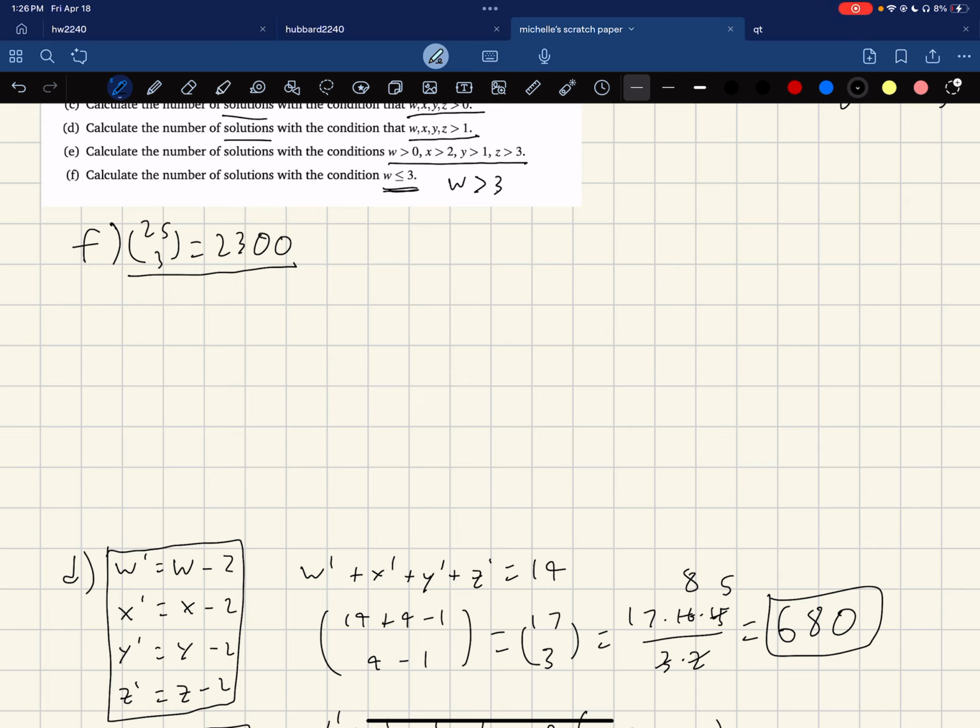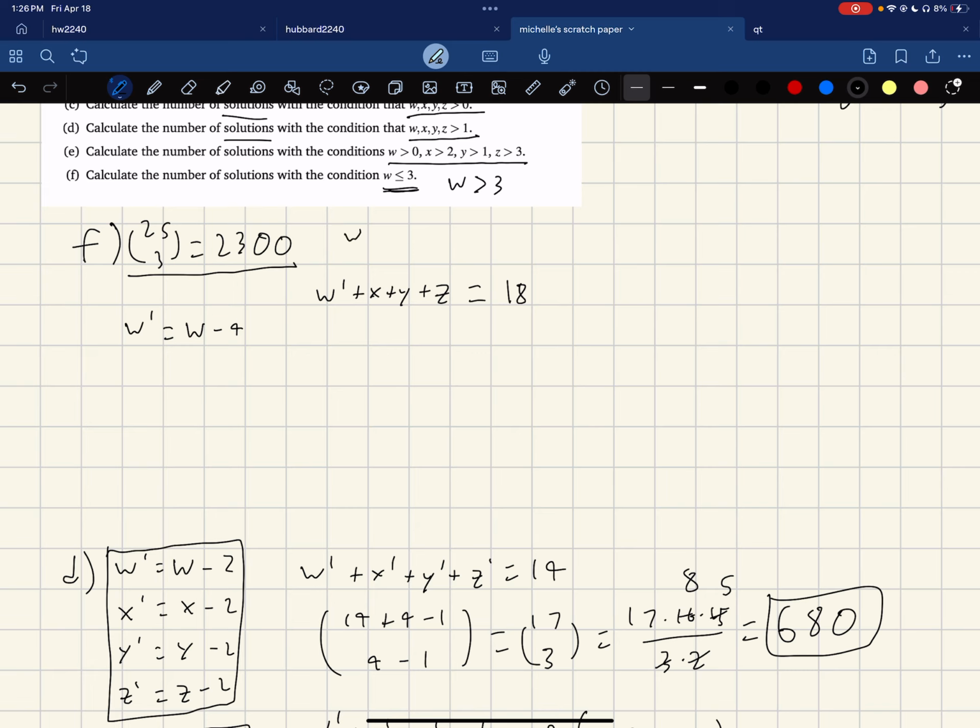We know if W is greater than 3, then W will be 4 or greater. So we can set W prime equals W minus 4, and X prime equals X. We don't even need to do this, but that's how you would do it. So now we can set the equation W prime plus X plus Y plus Z equals 18 because we have to give 4 to W to start with.